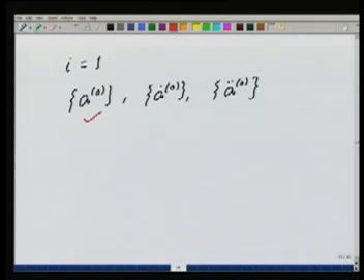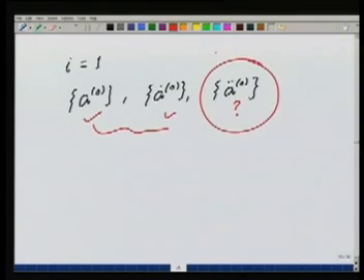This I know, this I know, this I don't know. These two have come from the initial conditions. This is something which I don't know, because the initial condition does not give me the acceleration at time t equal to 0. So I have to start with something.